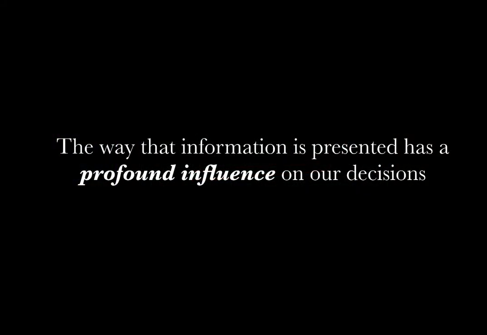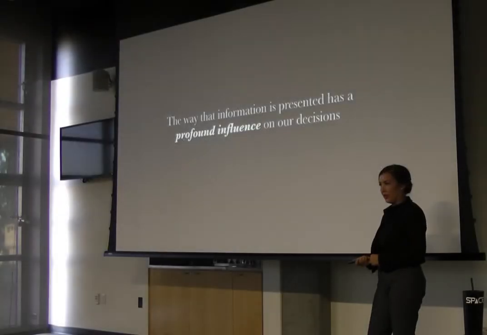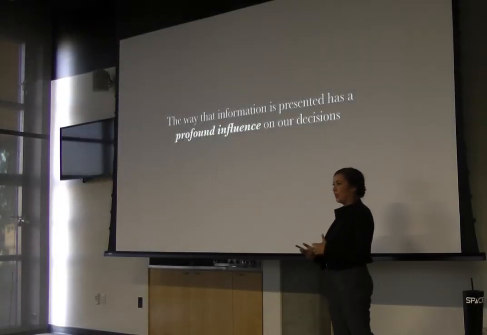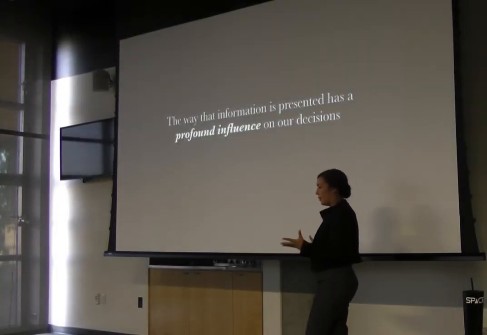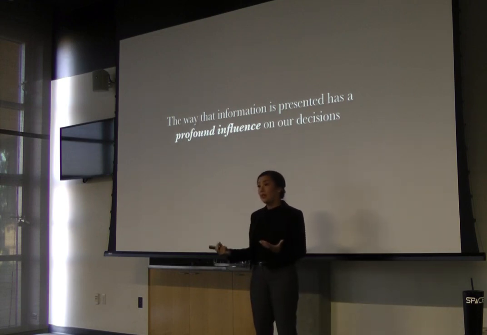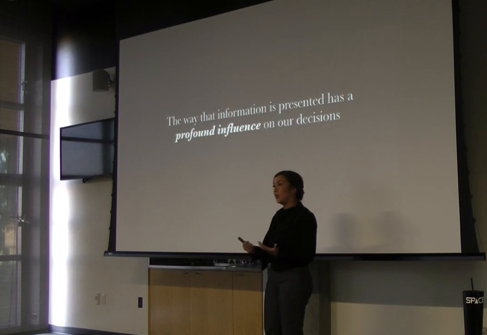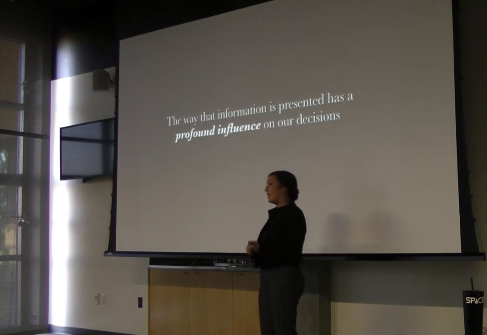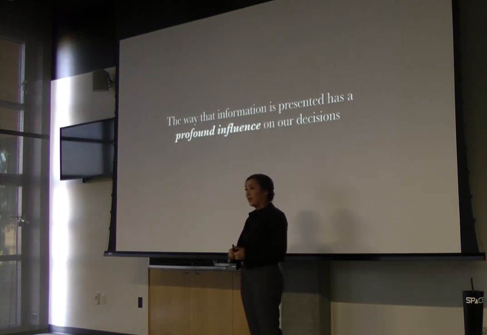The way that information is presented has a profound influence on our judgments. I showed a whole variety of examples where it is our jobs as information consumers to make sure that we are understanding the way that information is presented, being aware of all the different ways that visualizations can influence how we think and make decisions.